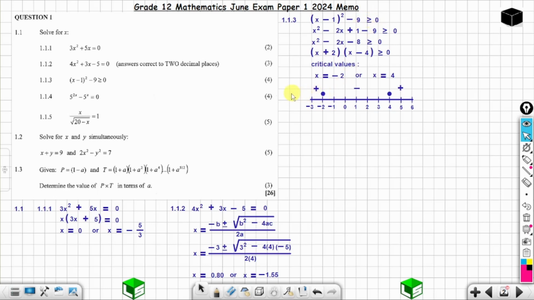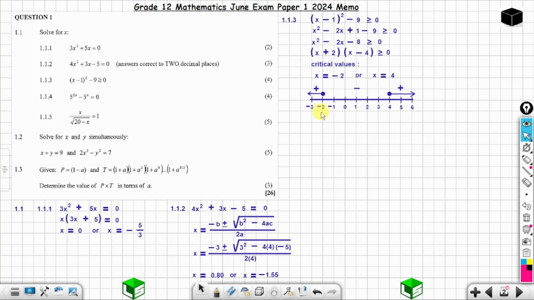So only this part all the way to negative infinity, and this part all the way to positive infinity. Remember, you have an equal sign. Negative 2 is included and 4 is included. This is why we use closed circles.